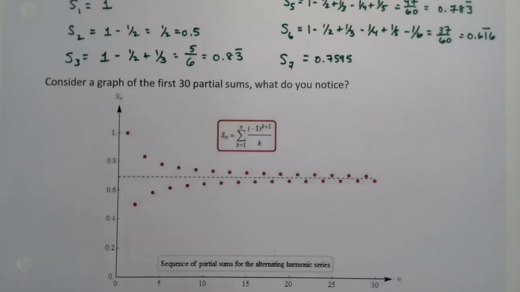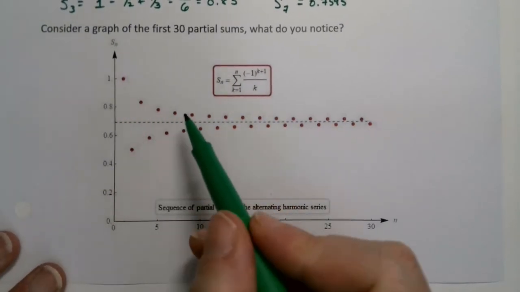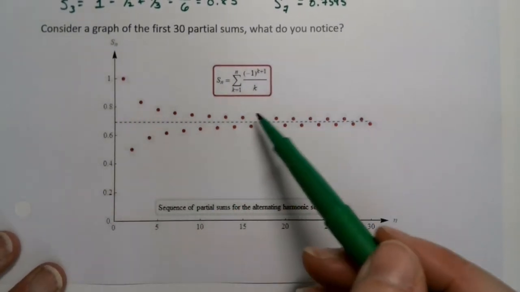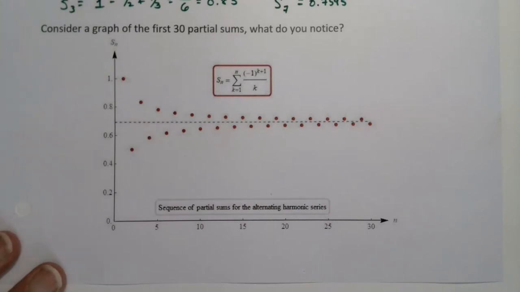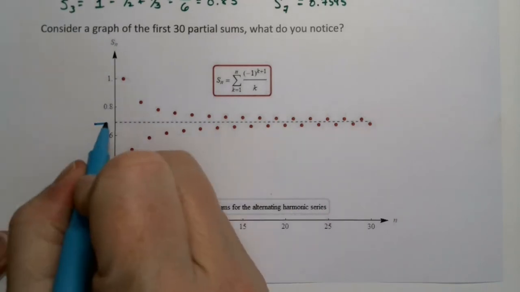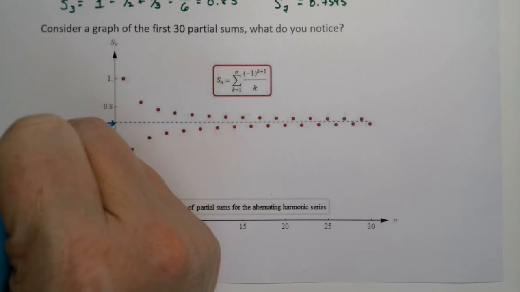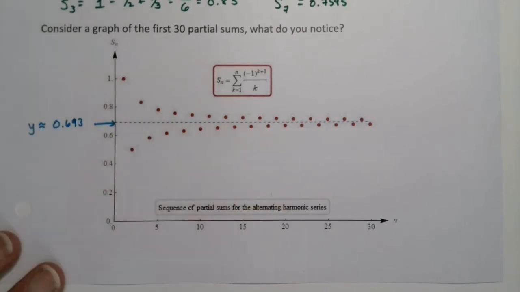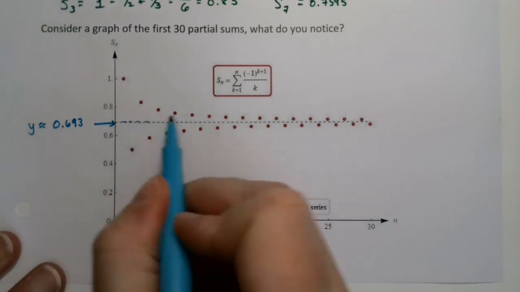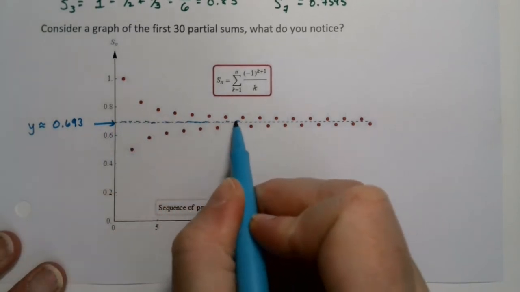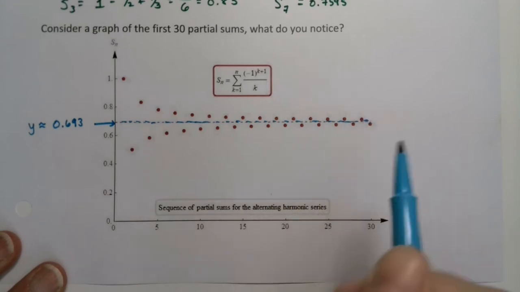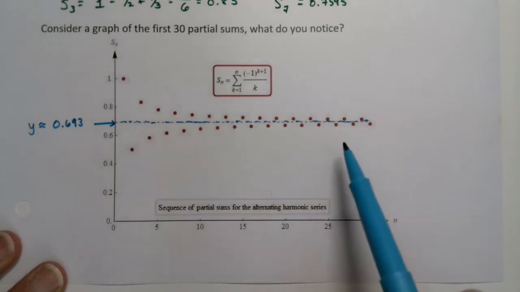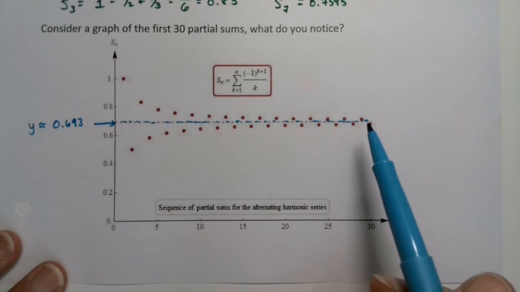All right, so what do we notice? We notice that even though they're alternating, they're approaching a particular value. So in here, that line is y is about 0.693, and we can see that the sequence of partial sums, i.e. the series, is approaching that line, that value.